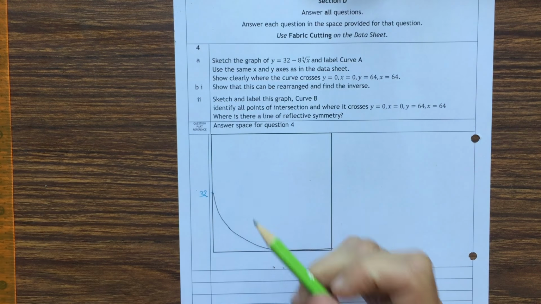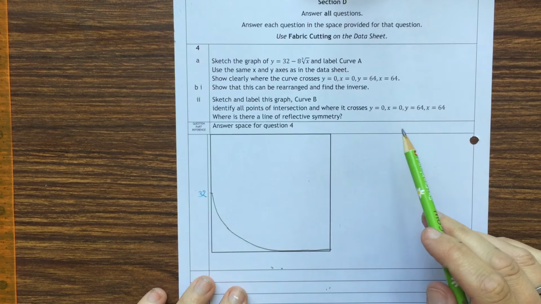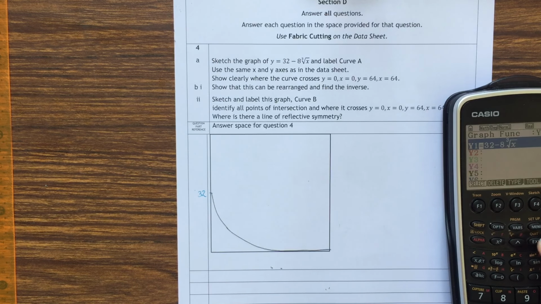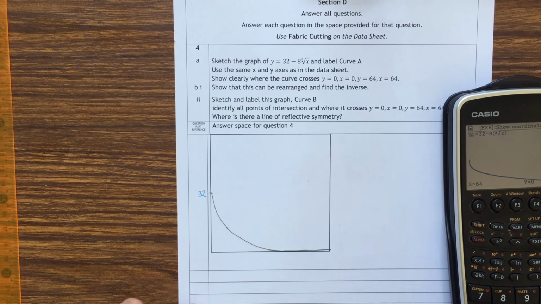So it crosses at 32. And G solve a y cal when x is 64. It's come in at 0 there.